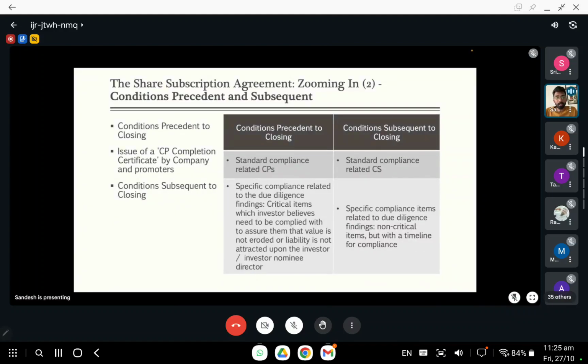Now, when they do your due diligence, sometimes they'll say that, look, the contracts you've entered into with these vendors are not good, please amend them. Or they'll say that unless the company enters into an employment agreement with the founder, we will not invest, right? Or sometimes they'll say that there are certain penalties or fines to be paid, please go and pay them.